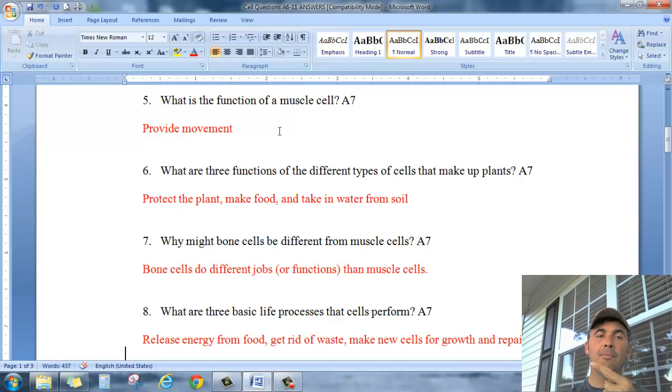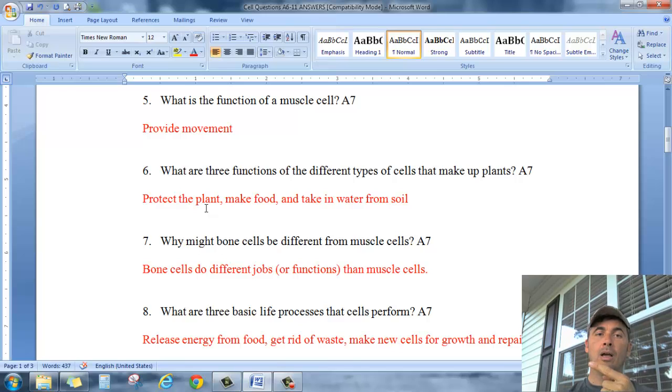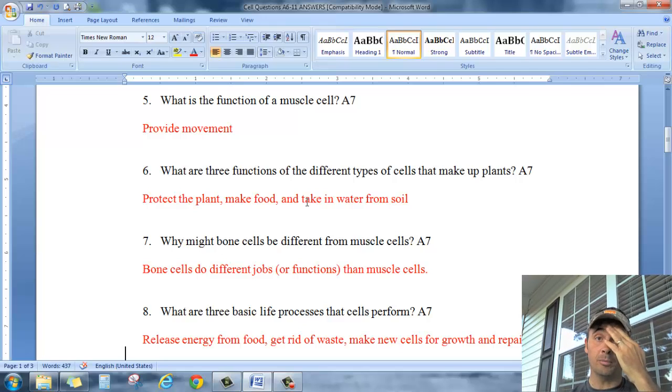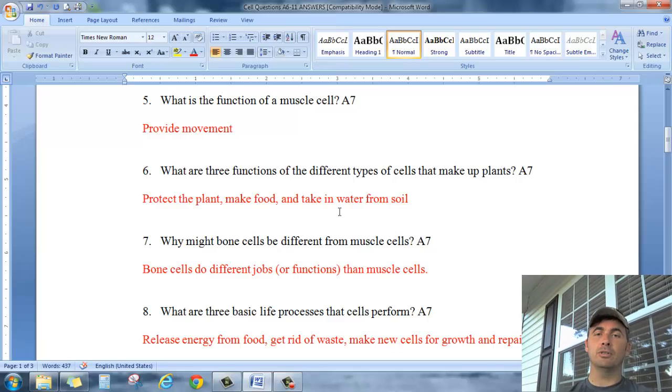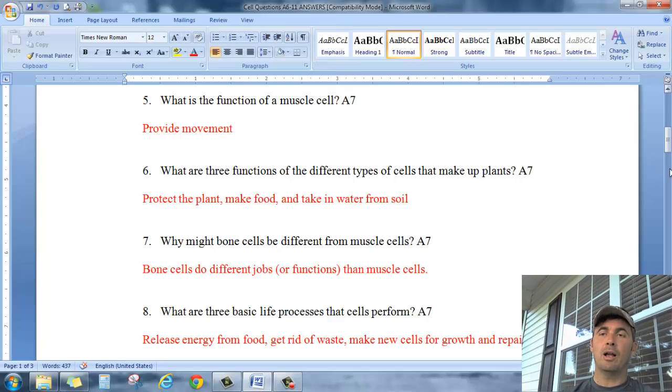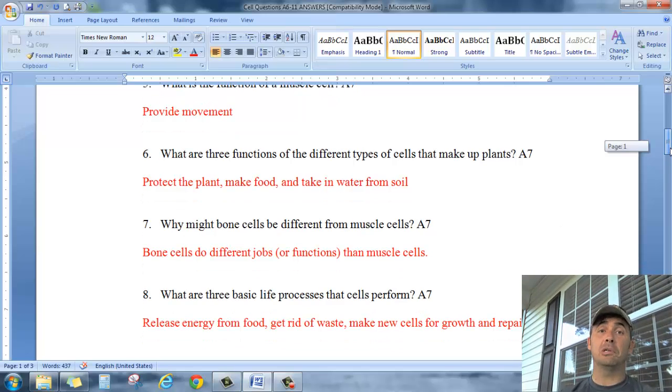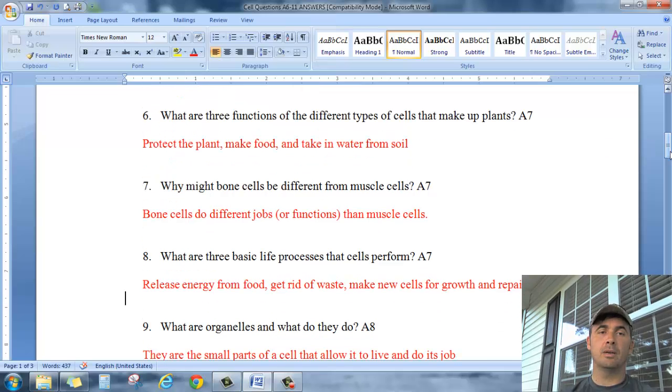Number 1, they protect the plant. Number 2, they help a plant make food. And number 3, there are cells that help take in water and nutrients from the soil. So protection, make food, take in water and nutrients. Those are the 3 basic functions of plant cells. All right, and by the way, animal cells do a whole lot more than plant cells.